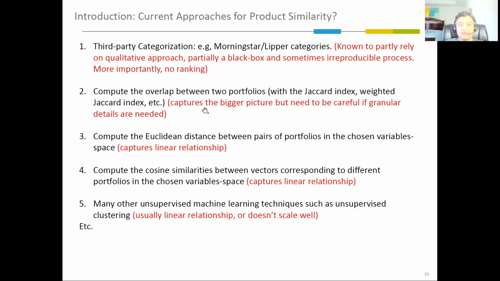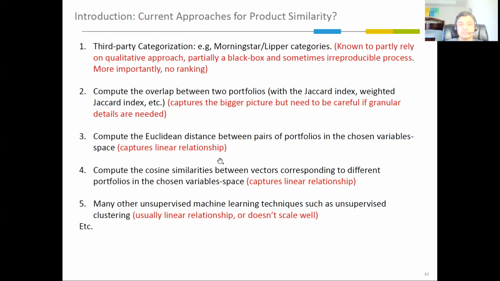The second option is to compute overlap between two portfolios. They are quantified using some traditional indices such as Jaccard index, weighted Jaccard index, and so on. These indices capture the bigger picture, but not necessarily granular details. Okay.